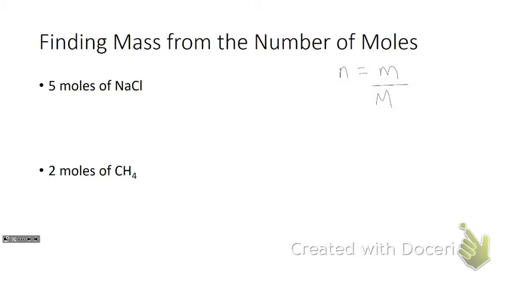You would multiply by big M. We're going to multiply both sides by big M, because the opposite of dividing by big M is multiplying by big M. So now our M divided by M will cancel, and we're left with little m is equal to big M times the number of moles.